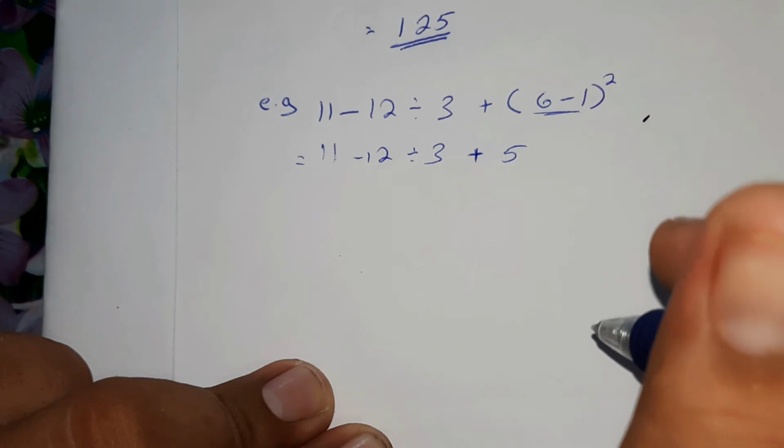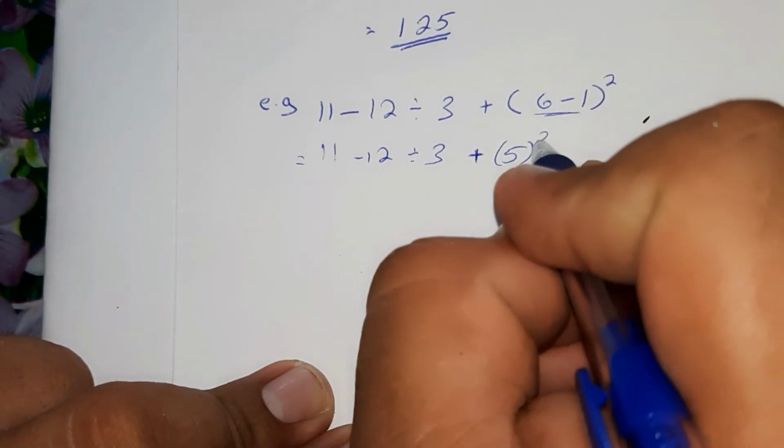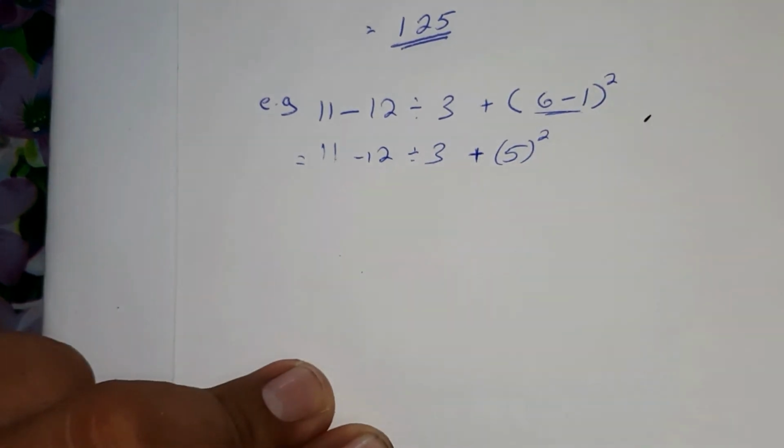Do we leave the 5 by itself? No. That 5 is raised to the power of 2, so you put it raised to the power of 2. You can put the brackets if you want, or you just leave it without the brackets, right? So we finished with the brackets.